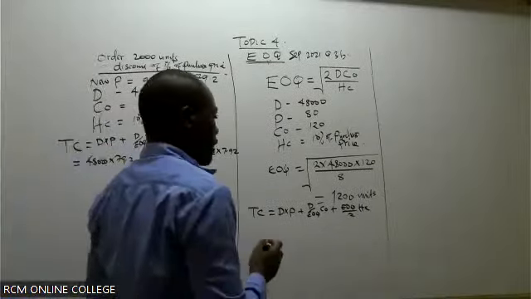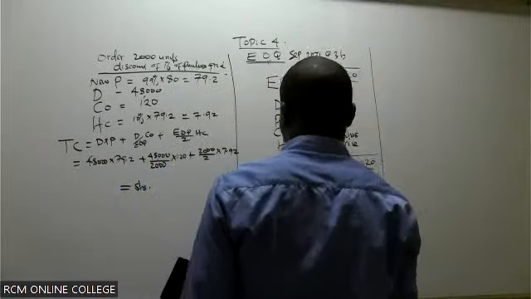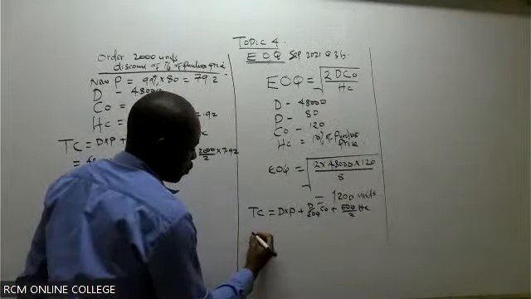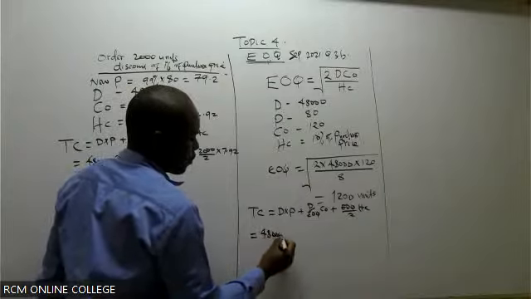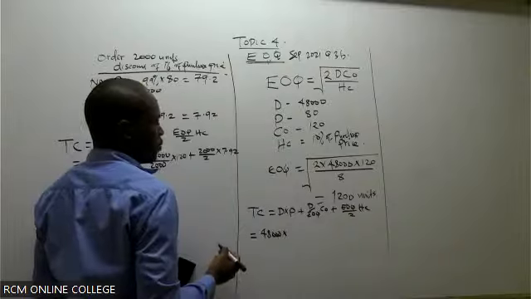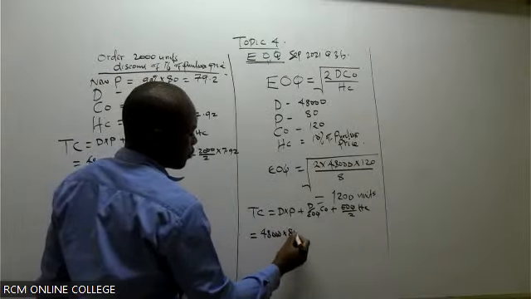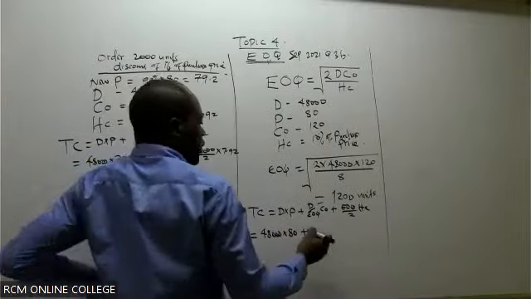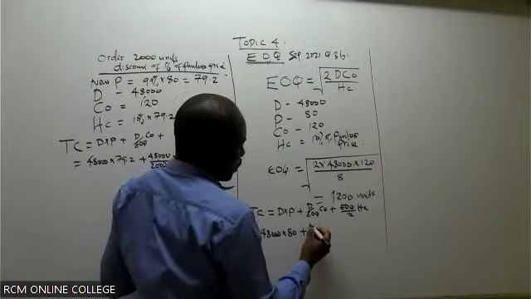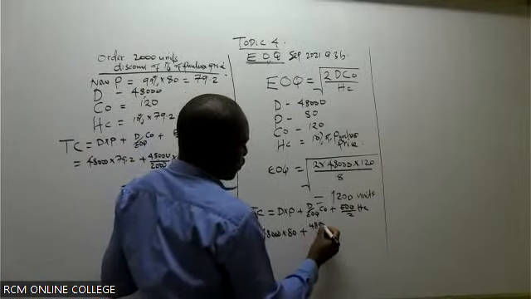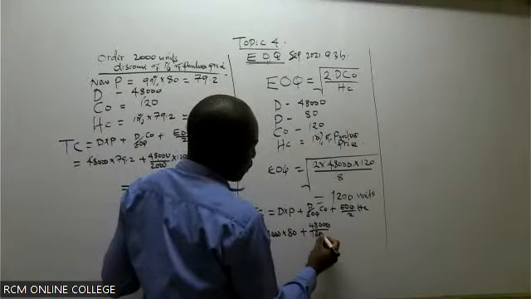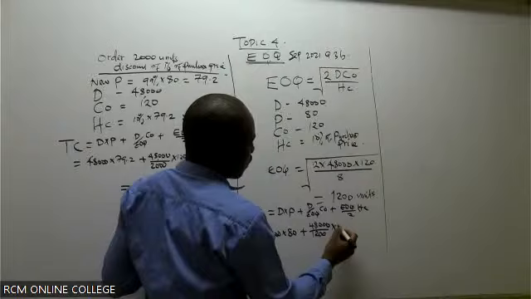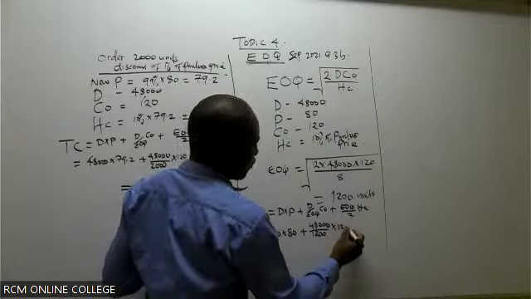I will come and do the same to this one. Total cost is equal to demand, which is 48,000, multiplied by purchase price, which is 80, plus demand, 48,000, divided by economic order quantity, which is 1,200, times ordering cost, which is 120.